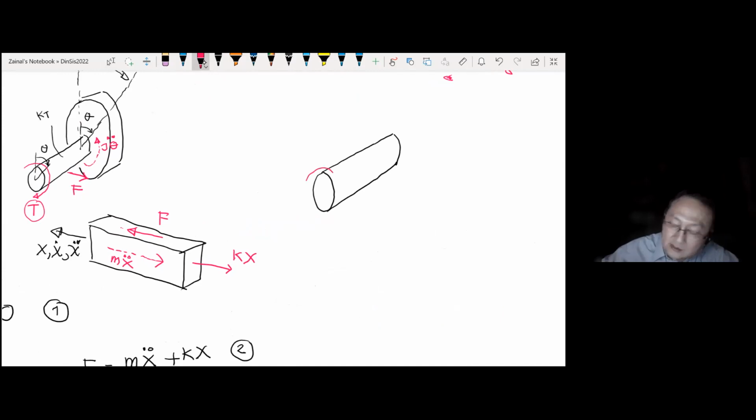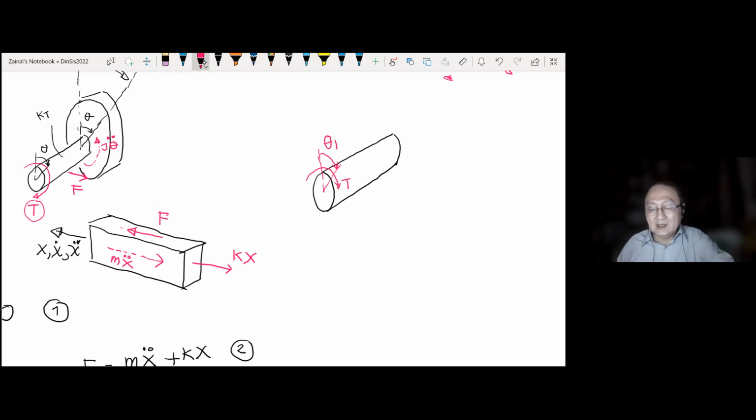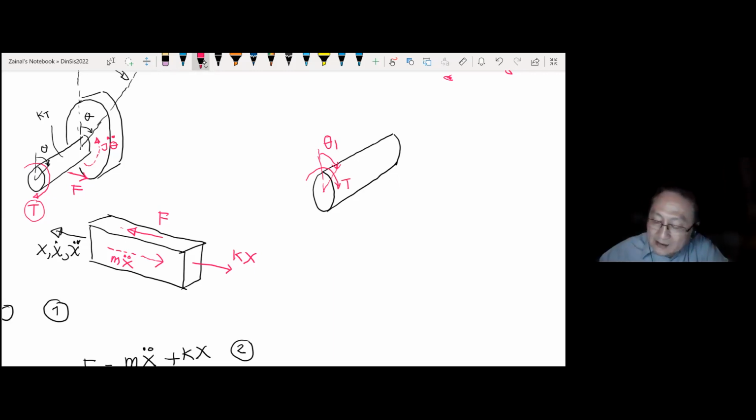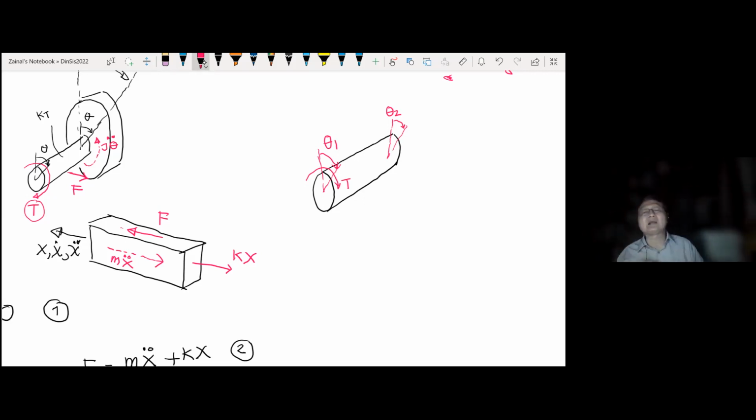To the torque, this one rotates, theta 1. To theta 1, we have theta 2 there. This one is theta 2. If this one is static, then theta 2 must be smaller than theta 1, if it is a static force.